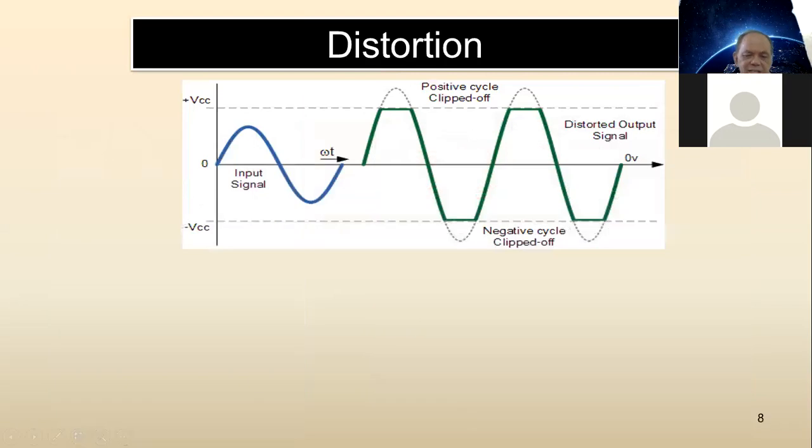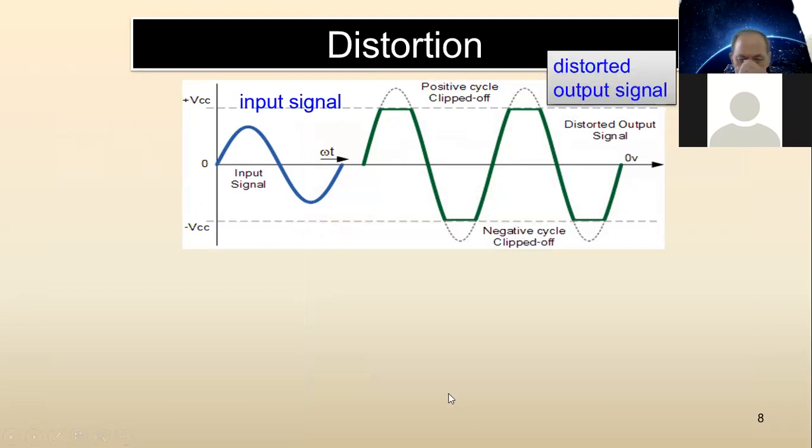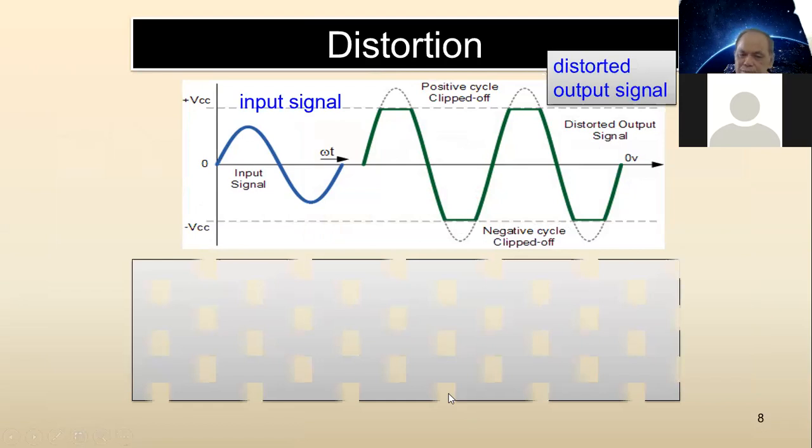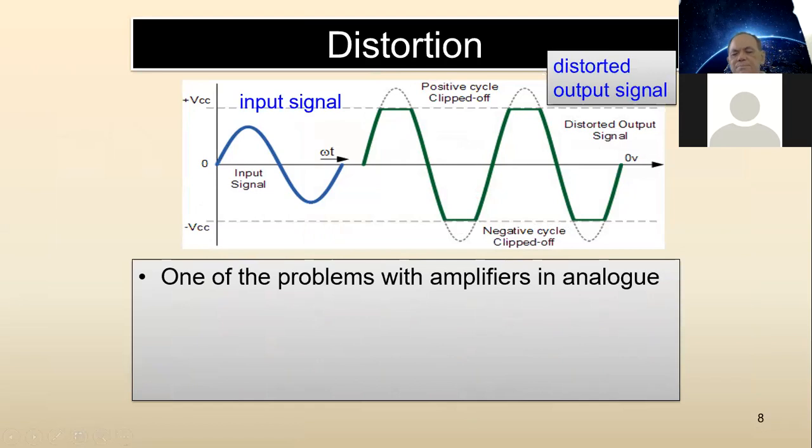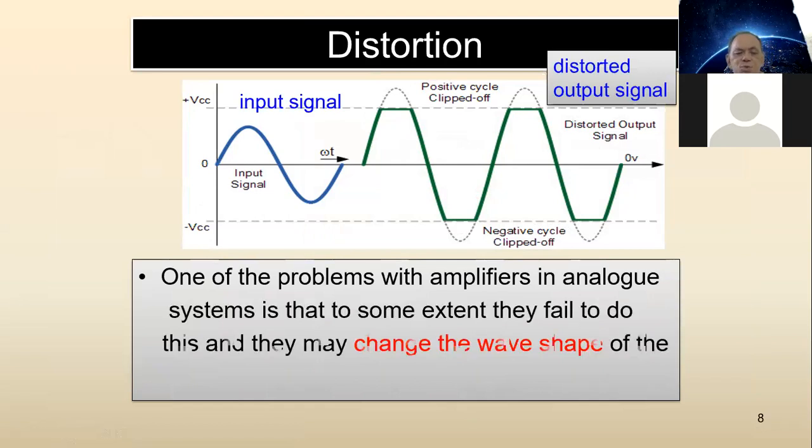Unfortunately, that is not so with some amplifiers. There's an input signal, and sometimes you get an output signal that is distorted, different from the input. One of the problems with amplifiers in analog systems is that to some extent they fail to do this, and they may change the wave shape of the signal.